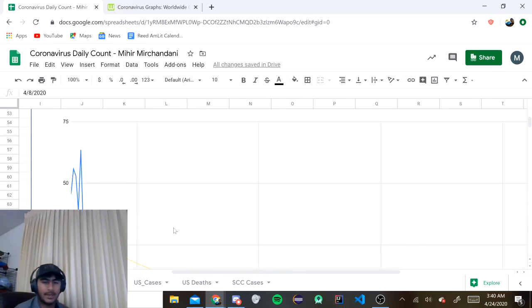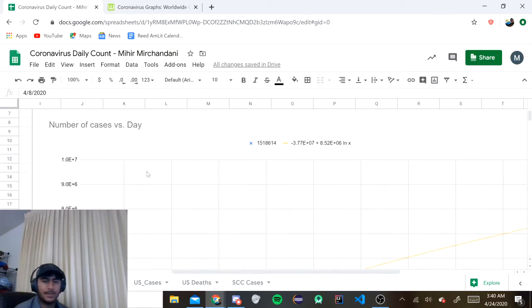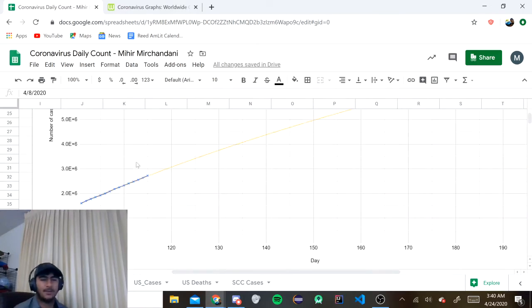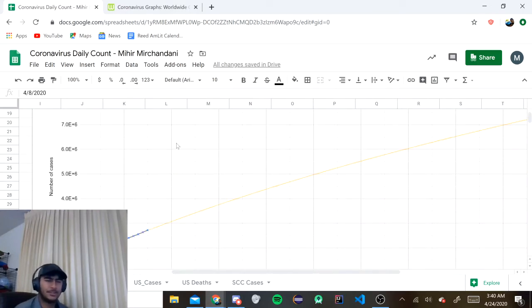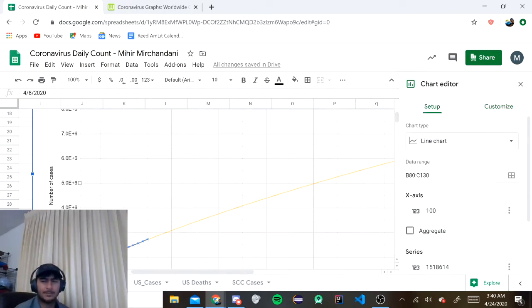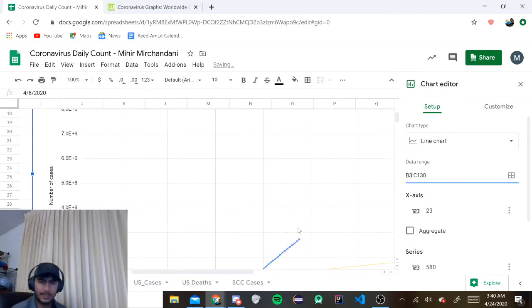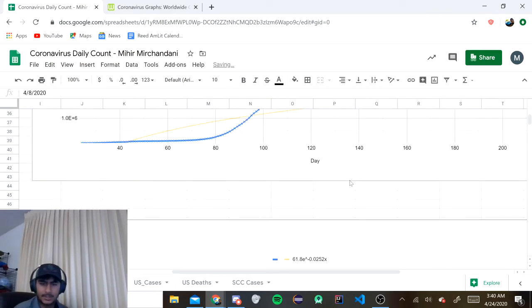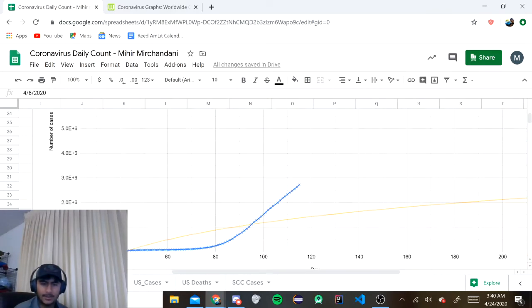And notice that I've still kept this infection rate to start with our day 23. But I think for the time being, we should make sure the number of cases versus day graph is no longer exponential. If we were to do that, it's really hard to track. For example, if I just set it back to 3, we enter that, and we delete this, you can see it's kind of exponential, and then it curves off.